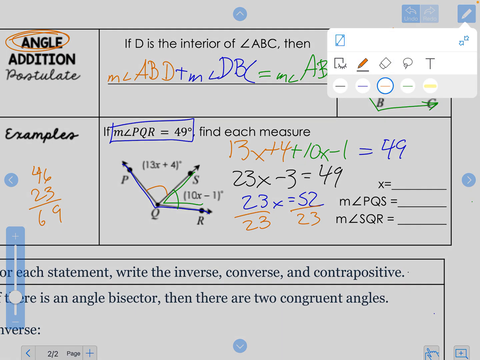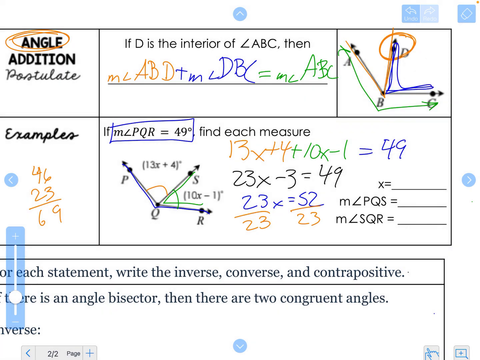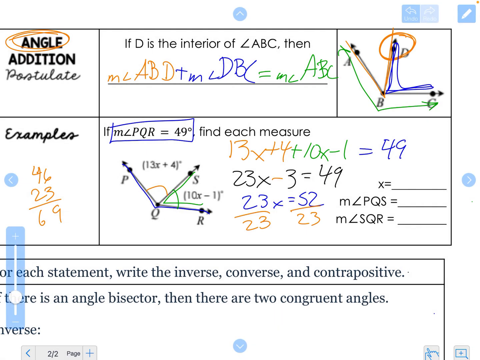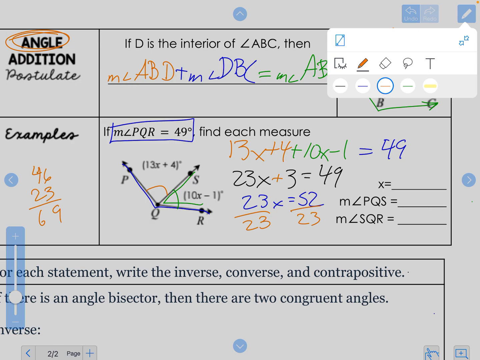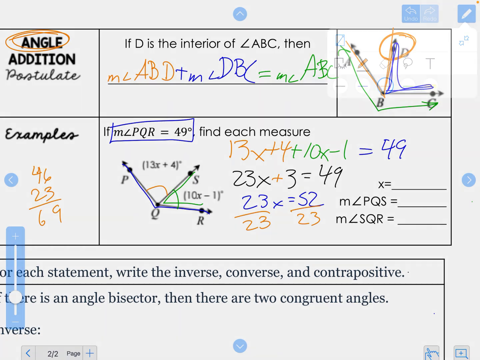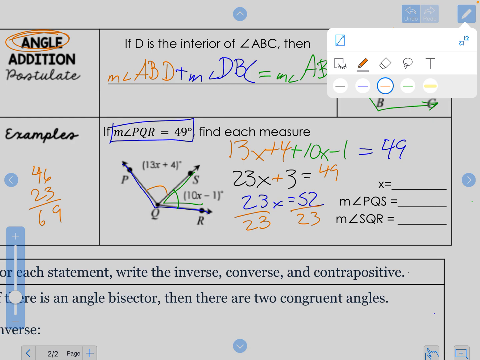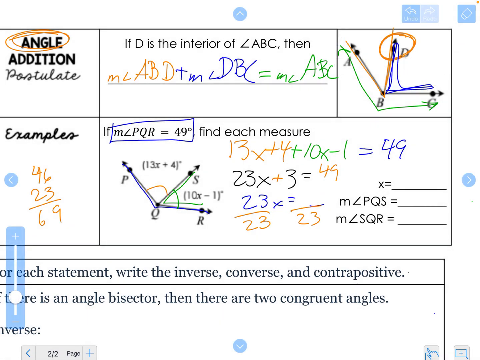Oh, I know what I did wrong. Sorry, guys, I messed that up. That should be a positive 3, which means we need to subtract 3 from 49, which means we get 46. So 23x equals 46, and 46 divided by 23 we know is 2.